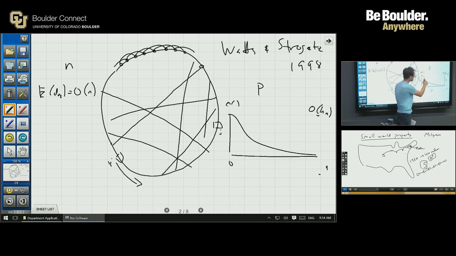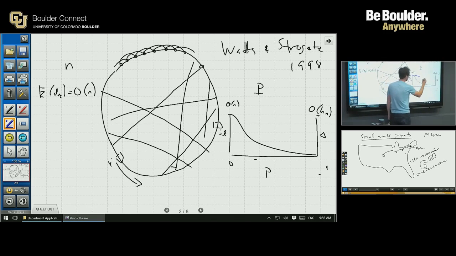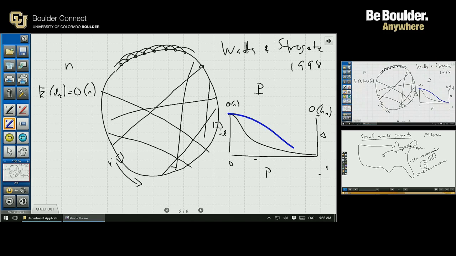This curve shows what happens with the path length. This curve shows what happens with the triangle density. So the implication is that somewhere in the middle here, you can have high clustering, high triangle count, and low distances.